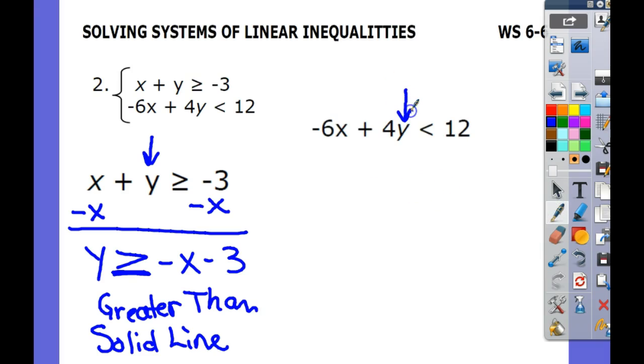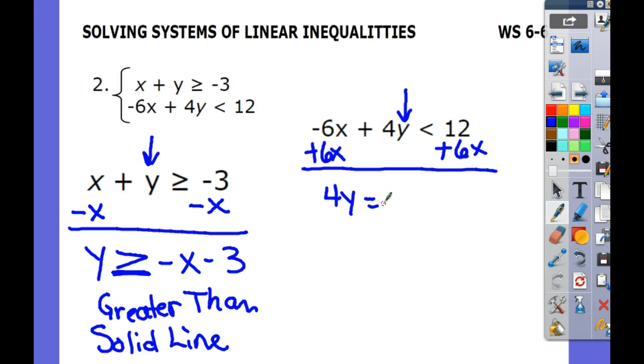I need to solve for y. What am I going to do with the 6x? For y, oops, it wasn't an equal. 6x plus 12. I'm going to divide by the 4.